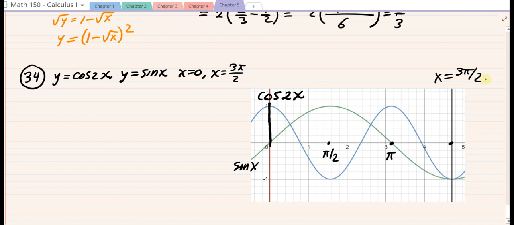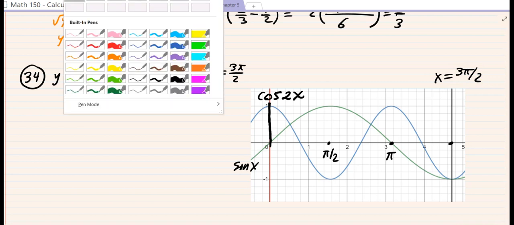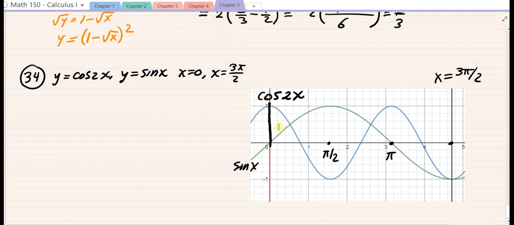So the region, let me maybe highlight this region that we want to find the area of. So this is the region. It's going to be that. And then we have this portion of our region, right? We have this part. We need to find the area of that. And then once we have done this one, we need to find this area, right?